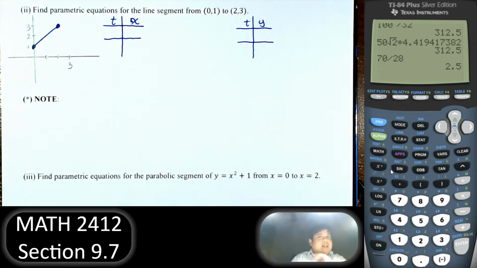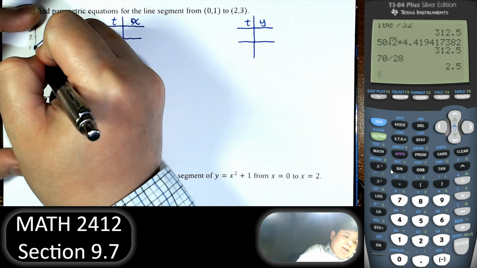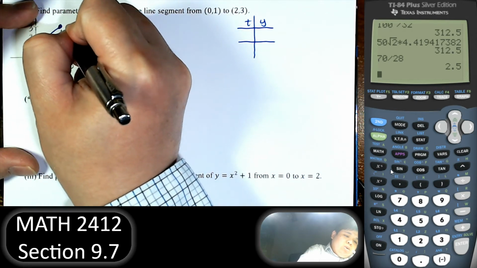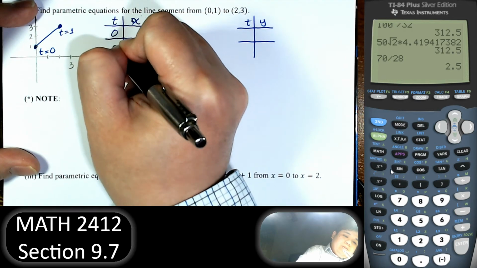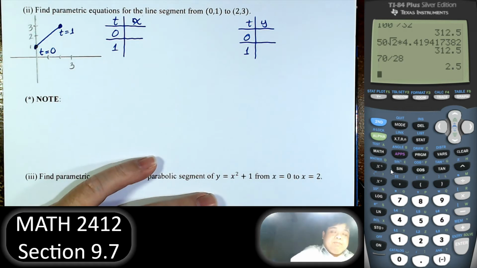Now, we can choose t to be anything. Let's say initially we set t equal to 0 and then later on t equal to 5. If that is the case, perfectly fine. But let's say at t equal to 0, we have this point. At t equal to 1, we have that point. And we strictly just choose t between 0 and 1.